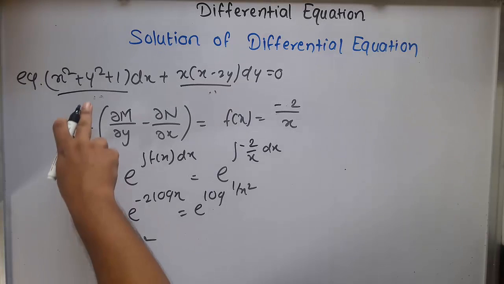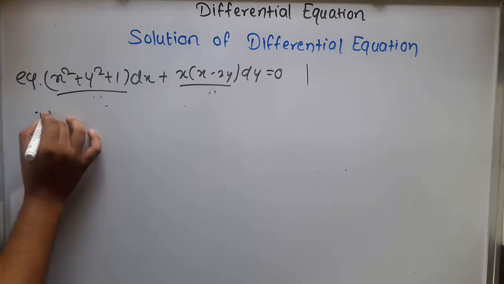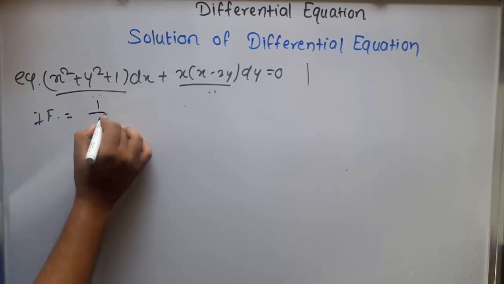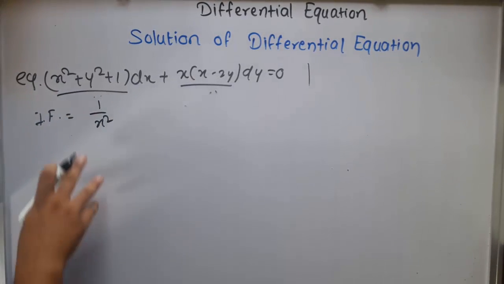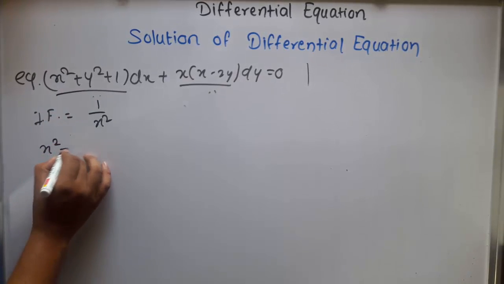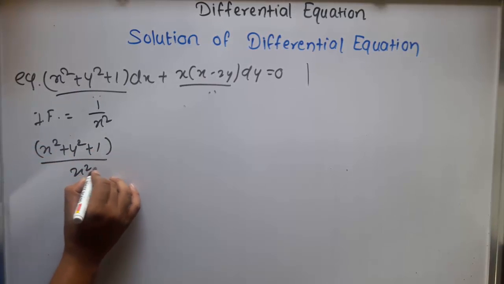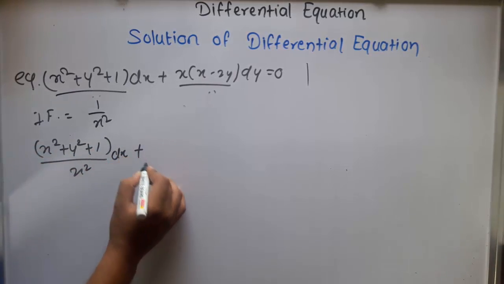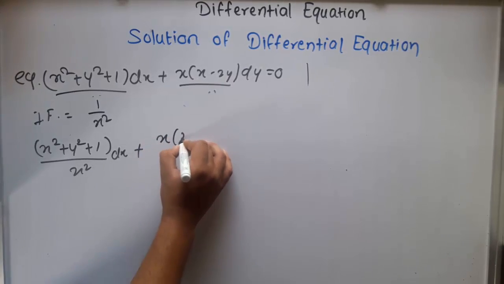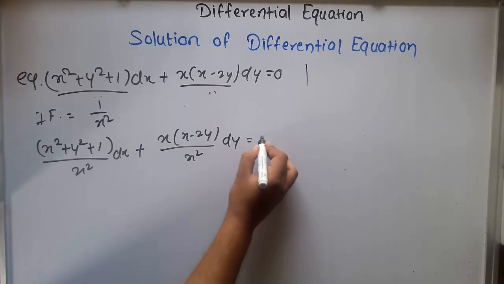By multiplying this integrating factor to this equation, we get an exact differential equation. Multiplying, we get x square plus y square plus 1 upon x square dx plus x into x minus 2y upon x square dy equal to 0.